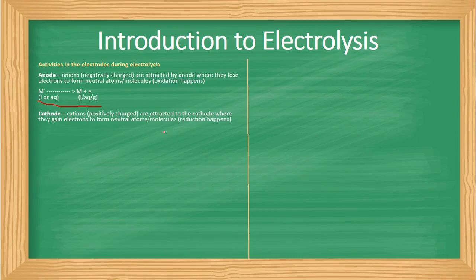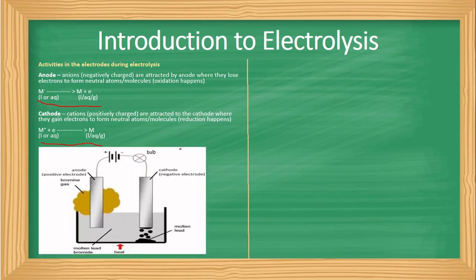So here what happens is reduction. In terms of the half reaction equation, you see that this is the ion, it gains an electron, and then it forms an atom or a molecule. A molecule, like in gases, where two of the atoms combine to form molecules.